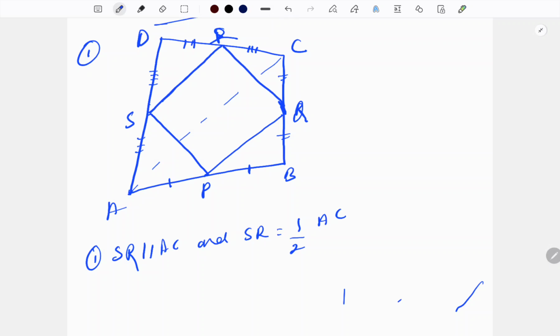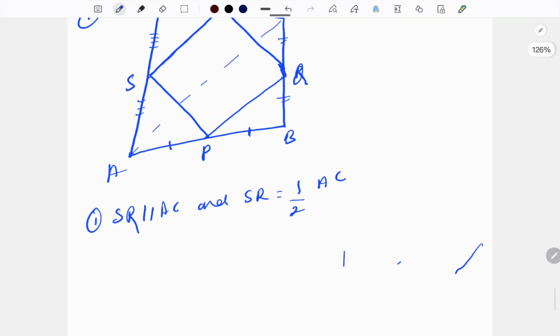So, the first part is very simple. I will explain how. If you recall that property that if a line is drawn through the midpoints of two sides of a triangle, then it will be parallel to the third side. So this condition goes for triangle ACD.